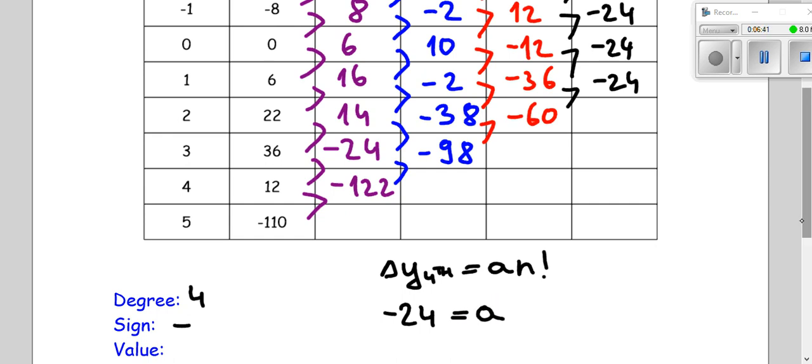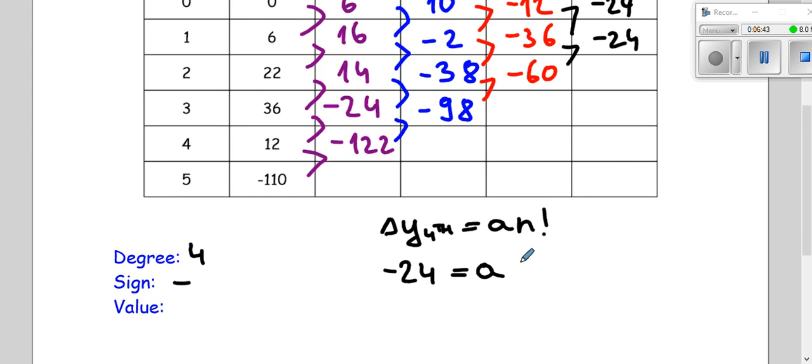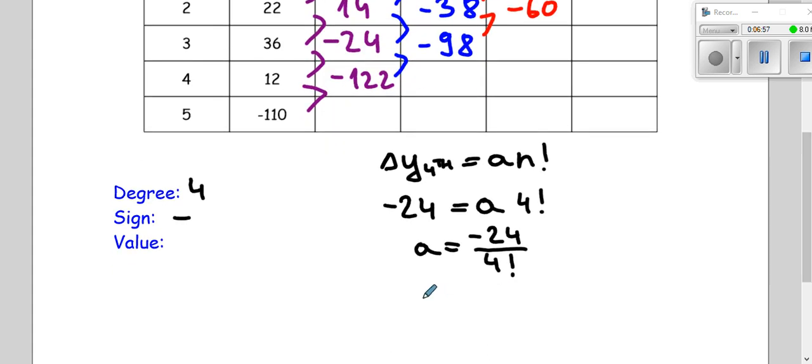And the other part that we have is that this is a degree 4 polynomial, so n is 4 factorial. We can simply isolate a as our variable, which is negative 24 over 4 factorial. If you expand the factorial, you will get negative 24 over 24, which gives us the value of leading coefficient of negative 1.